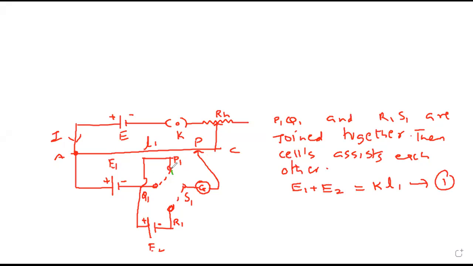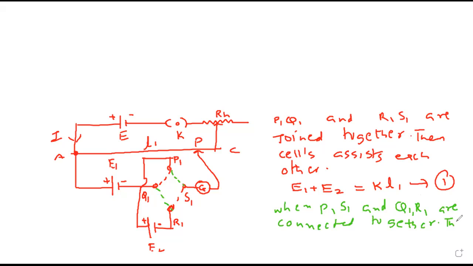But when P1 S1 and Q1 R1 are joined together, then I can see minus from Q1 gets connected to R1, which is negative. Minus minus connected together, cells oppose each other.